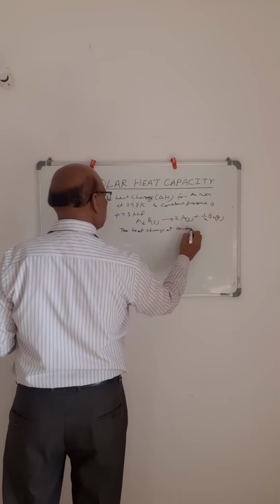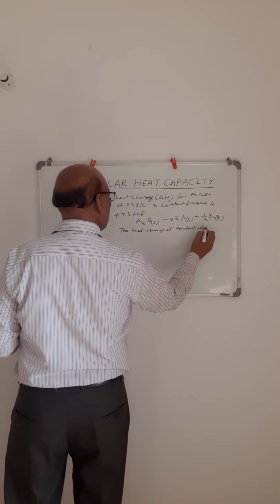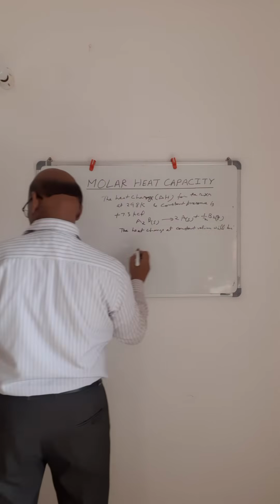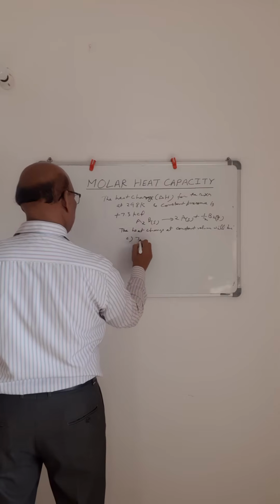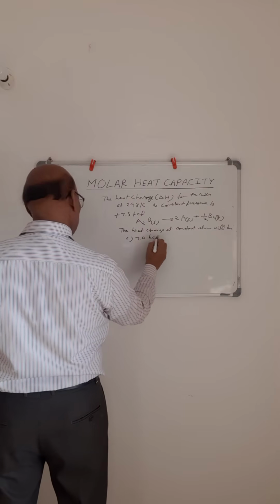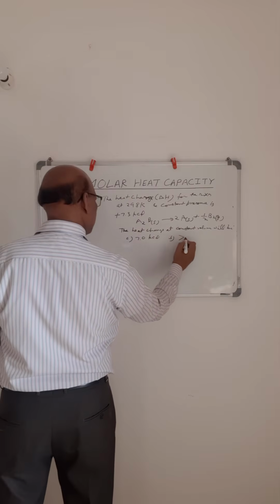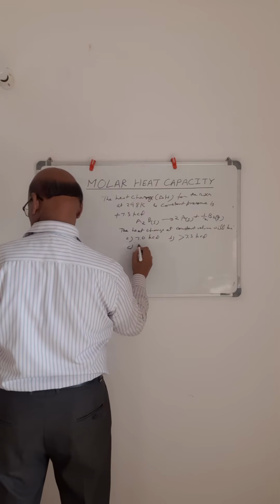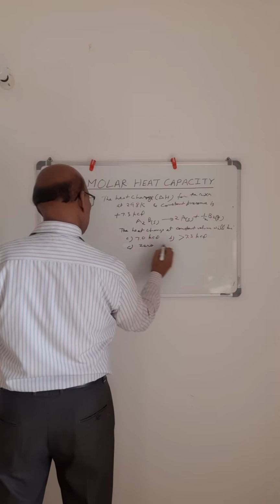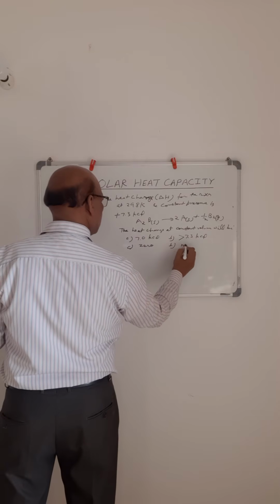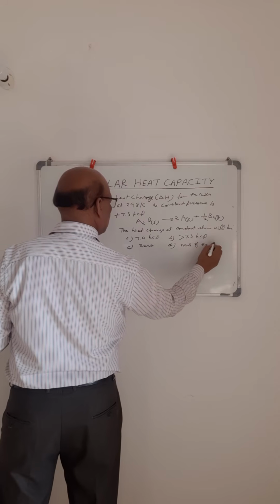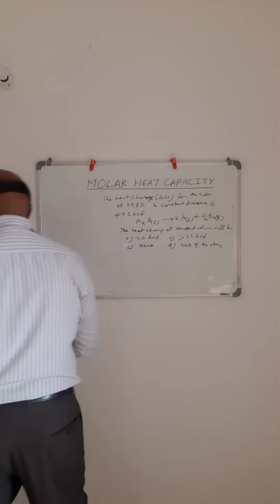Four options are given to us: A is 7.0 kilocalorie, B is more than 7.3 kilocalorie, C is 0, and D is none of the above. So what we will do?